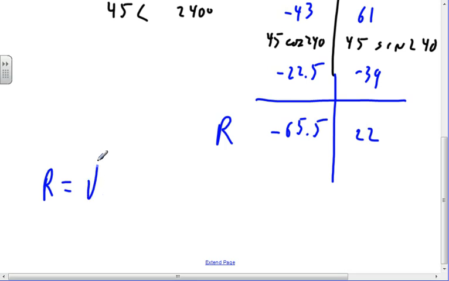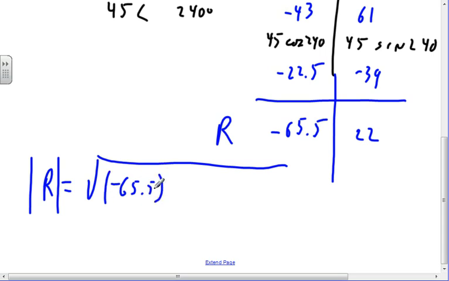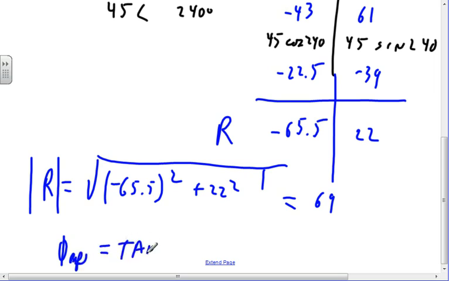So the magnitude of the resultant is the square root of minus 65.5 squared plus 22 squared, which is going to equal 69. And then I want an angle. The angle is going to be a reference angle in the first quadrant. It's going to be the arctangent of the absolute value of the y component divided by the x component.